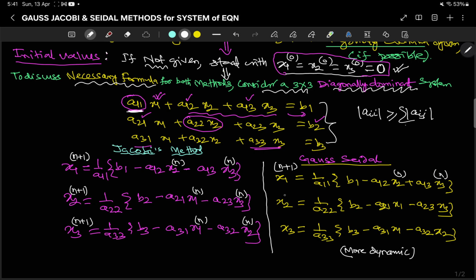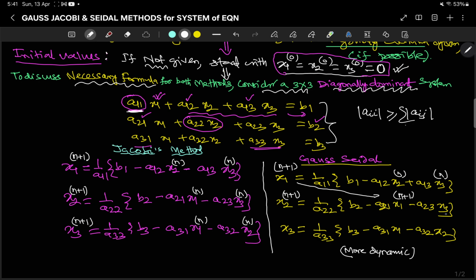While I want to improve x2, we have a recent, more improved value of x1, so we write it at n plus 1.